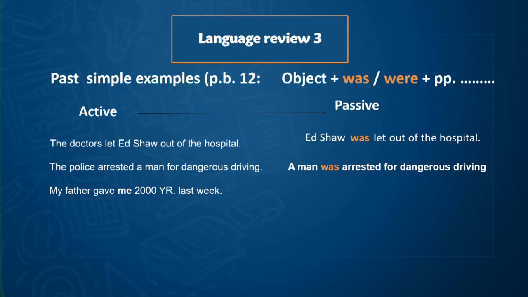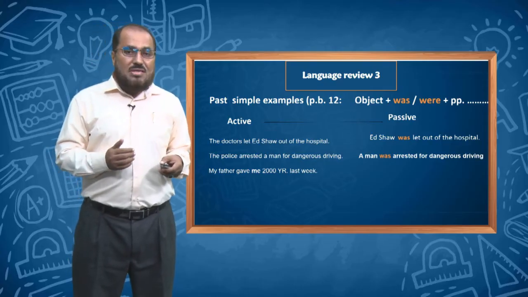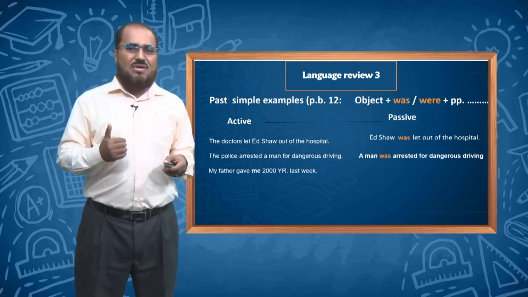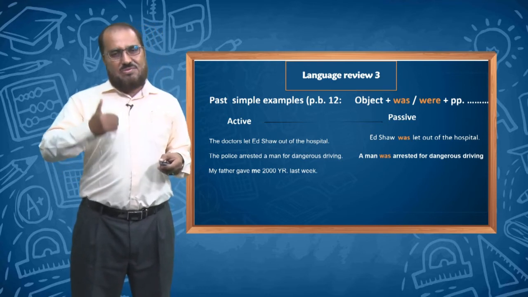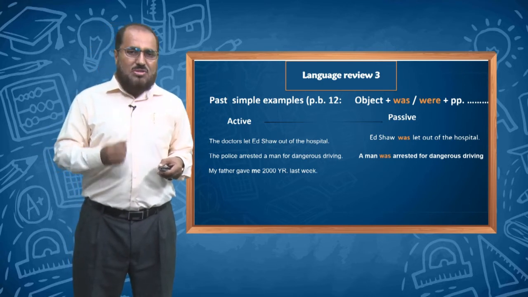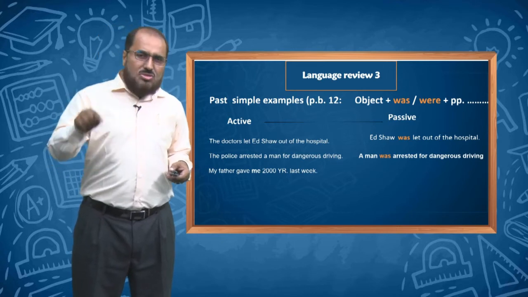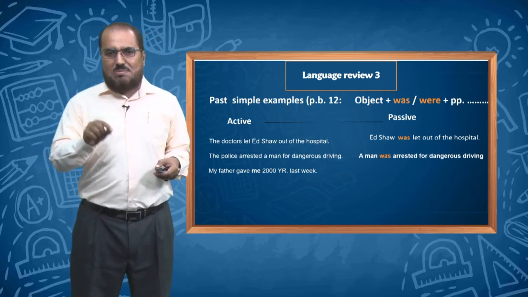By the way, this sentence has two objects, direct object and indirect object. The direct object is 2,000 Yemeni riyal. The indirect object, which comes directly after the main verb, is the pronoun me. So we can start our passive sentence with me.